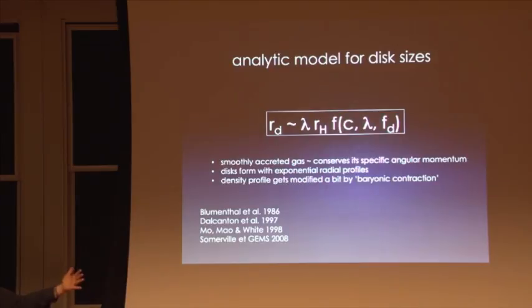We know how much that is from the simulation. And again, the gas just collapses until it's supported by its angular momentum. So in that case, the size of the disk is going to be proportional to the amount of angular momentum. This is the dimensionless spin parameter times the initial radius, so something like the virial radius of the halo. And there's some small corrections that you put in here that have to do with the fact that as the baryons fall in, they actually modify the density profile of the halo.